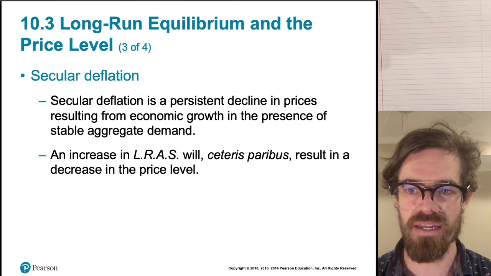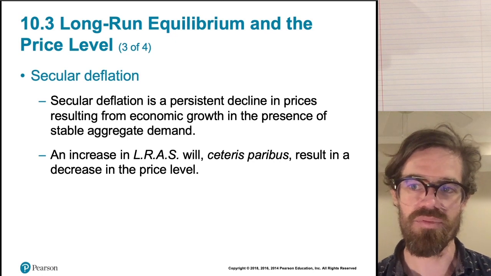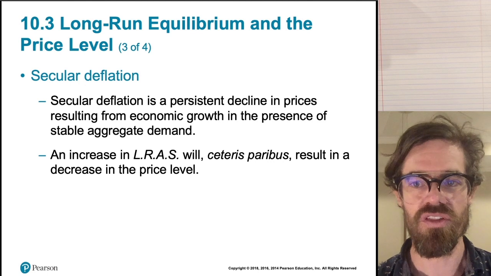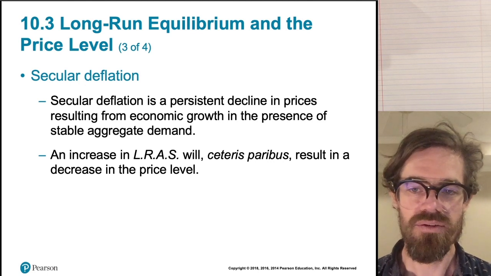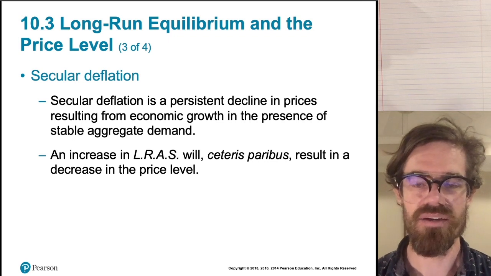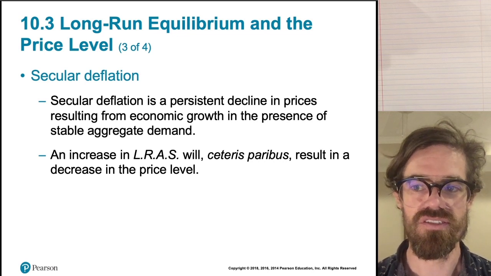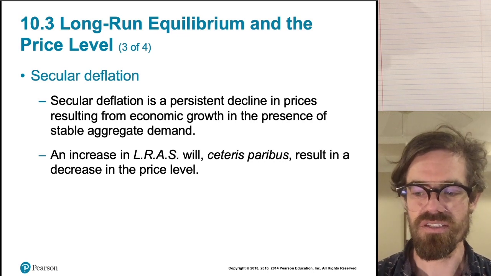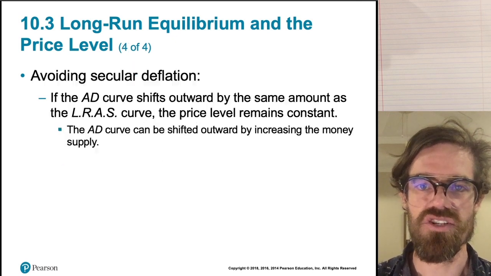So if aggregate demand is stable and we have economic growth, then we will get a decline in prices that is persistent, and we refer to that as secular deflation. So what we basically are looking at is that an increase in long-run aggregate supply, which equates to economic growth, ceteris paribus, holding everything else the same, will result in a decrease in the price level. And again, we call that secular deflation.